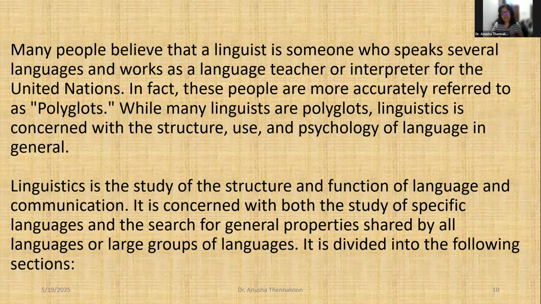So learning about one particular language also comes under linguistics. At the same time, learning about many languages, maybe the languages in the world, also comes under linguistics. Okay, so the field of linguistics has different sections actually. We'll see what they are.